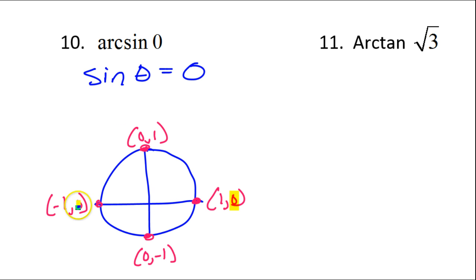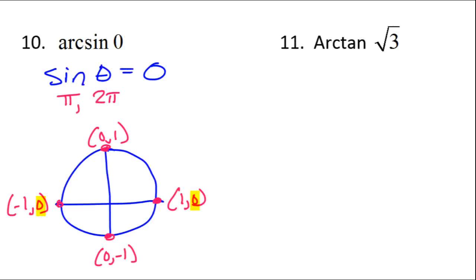That is here and here. It's just like another problem we did. This one over here, we call pi, and this one back here, we call 2 pi, or we could have called it 0. So that's the answer. Well, those are the answers, plural.